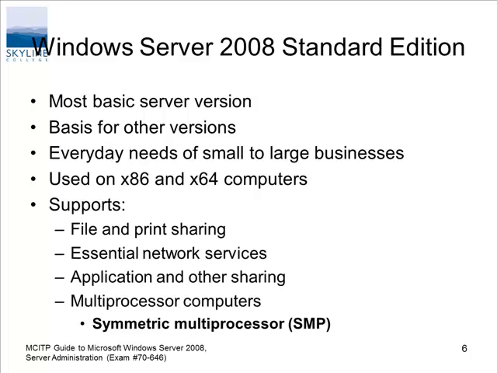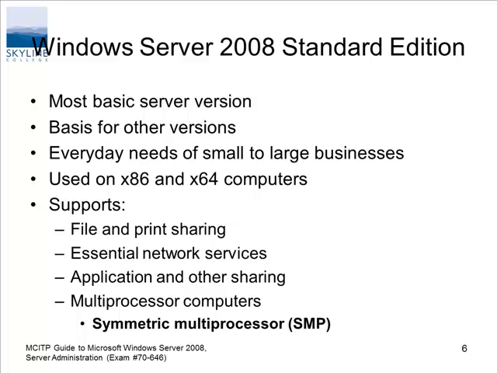It supports file and print sharing, network services, and application sharing. Application server is the new name for terminal service. Terminal server is essentially the same thing. Actually, they call it remote apps. They don't call it terminal server anymore. With remote applications, you can install and virtualize your applications so that the applications are actually running on the server instead of on the desktops.